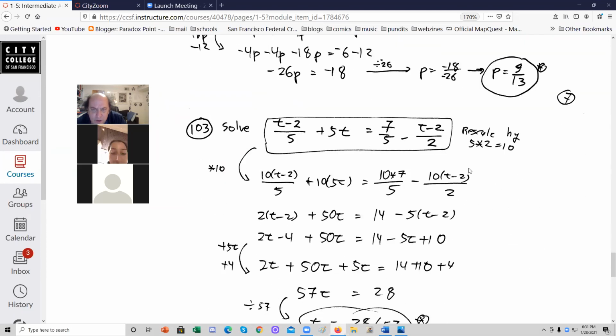Okay, here's another one where there's annoying denominators, 5 and 5 and 2. The lowest common multiple is 10.